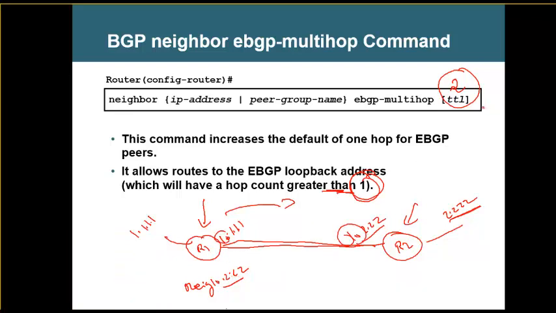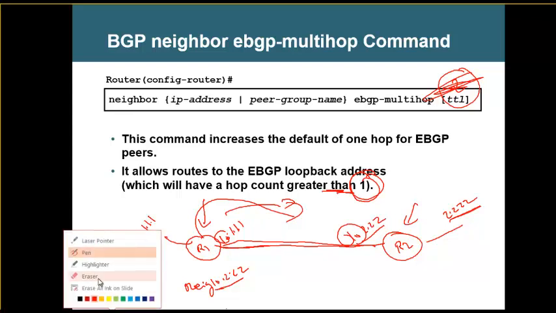For that, you need not increment the TTL value. The routing table will show the 10 network, the neighbor's network, as directly connected, physically connected. Now, happily BGP will send the packet because it is under the rule.